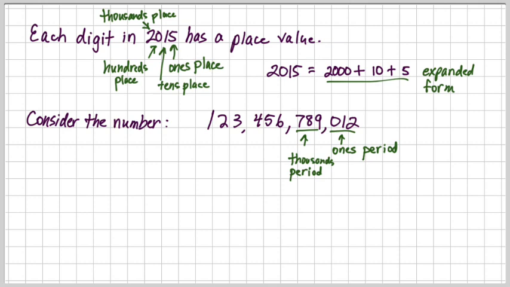And next, after the thousands period, we have the millions period. So we have 456 millions, or million. And finally, we have the billions period. Notice here we have 123 billion. Now, if we went one more period, we sometimes hear about trillion. That's our next period. So let's go ahead and read this number from left to right.